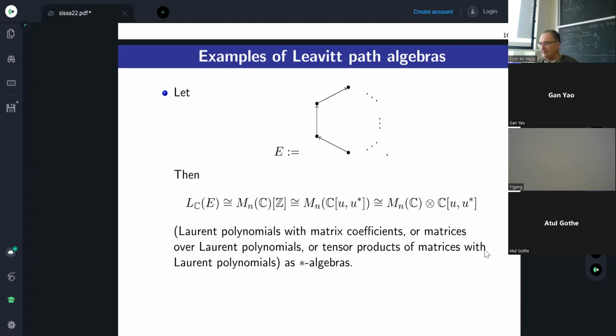So you can really verify that the Leavitt path algebra as a star algebra is nothing but Laurent polynomials with coefficients being n by n matrices, or a matrix algebra with entries being Laurent polynomials, or a tensor product algebra of matrices with Laurent polynomials. That's all the same thing. But it is the Leavitt path algebra for this graph, which is non-obvious.